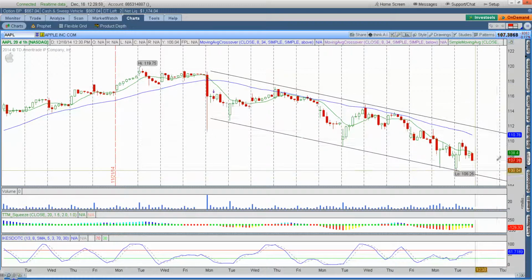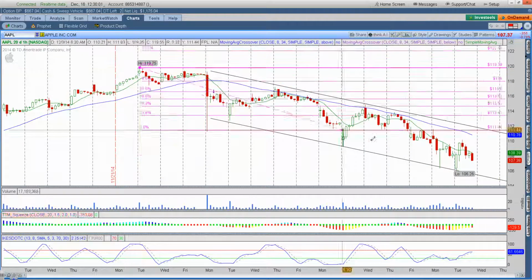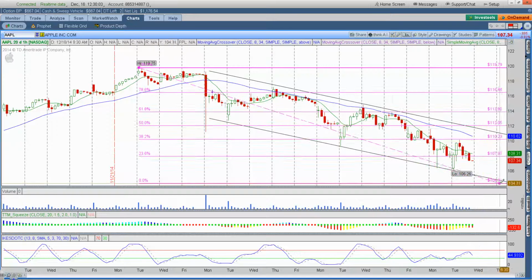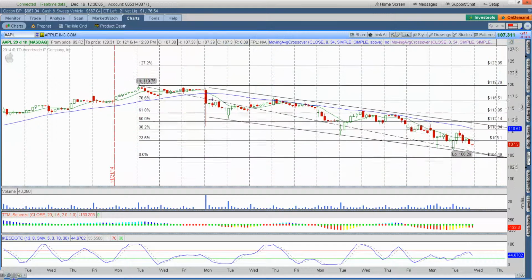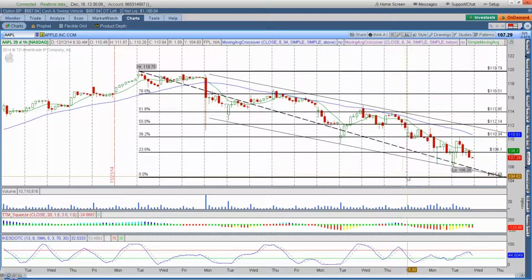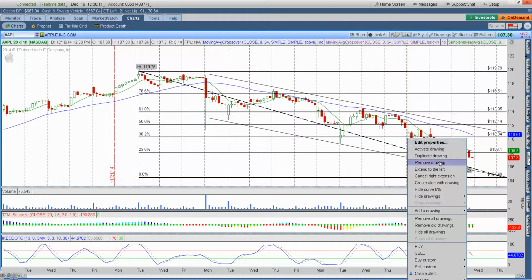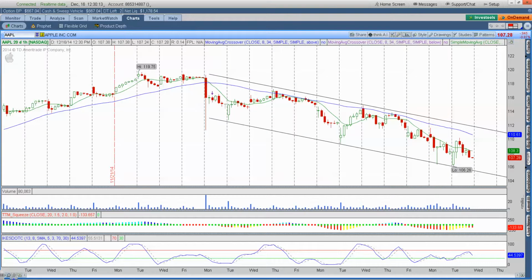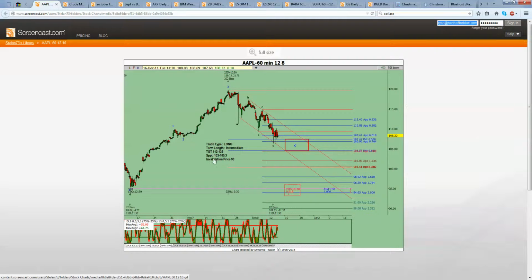So if I remove that drawing and go from our 104, like so, we're going to move our target to 130. Actually, with Ike, I don't really know how he got that target, to be honest. But I know that he is better than me, and he can do the wave count way better. And he probably has a different time frame to show that target.